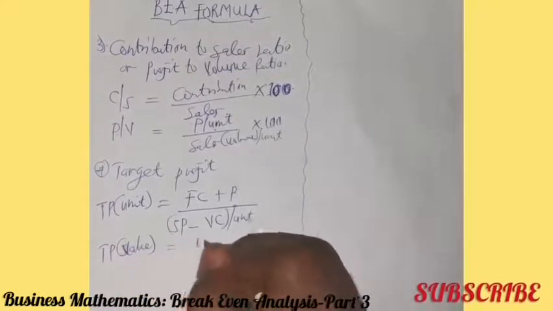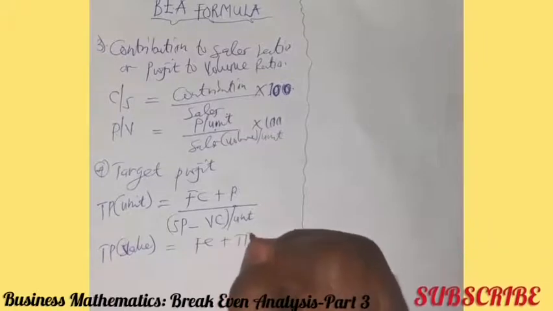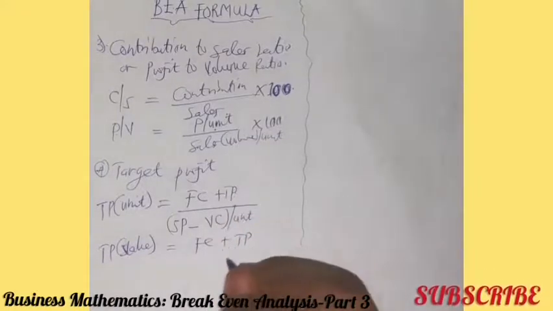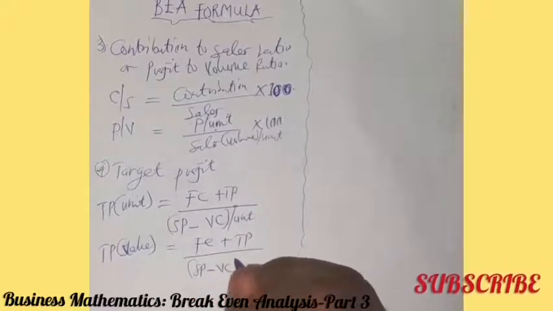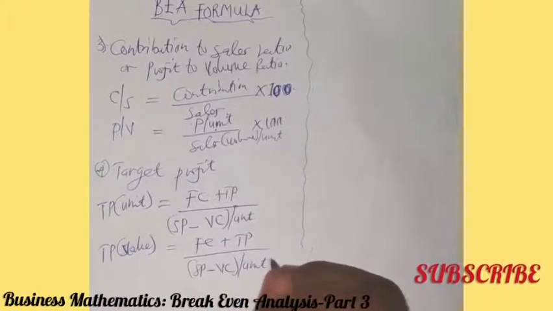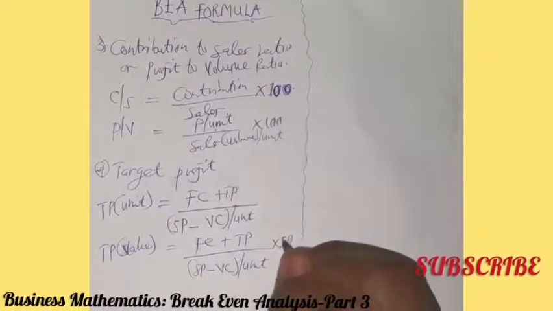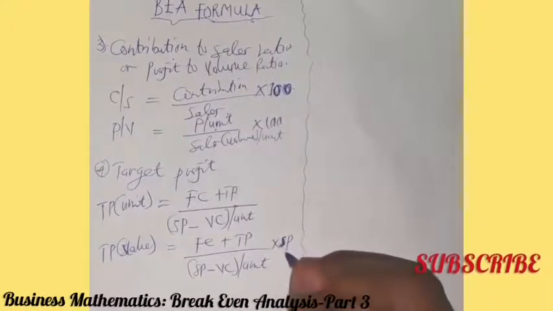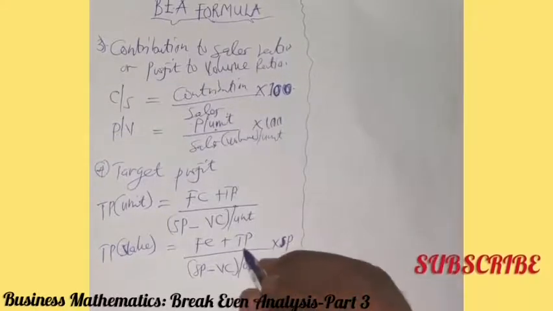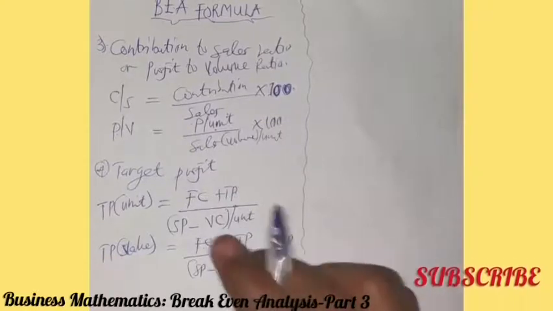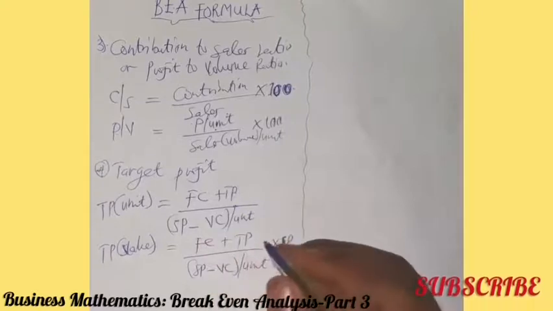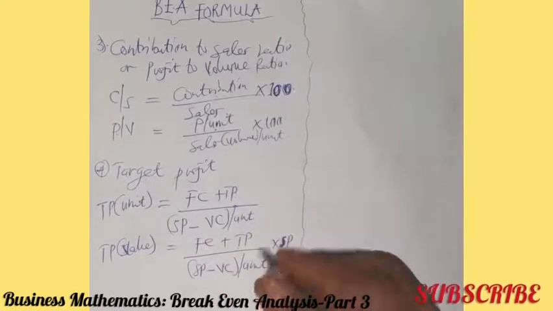It's equal to fixed cost plus your target profit over your selling price less your variable cost, all per unit, and multiply by your selling price per unit. So likewise, it is similar to your break-even point in terms of value, just that the targeted profit makes a difference. So that's how you calculate target profit.